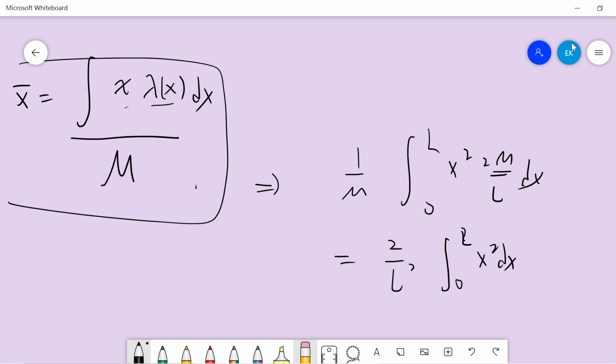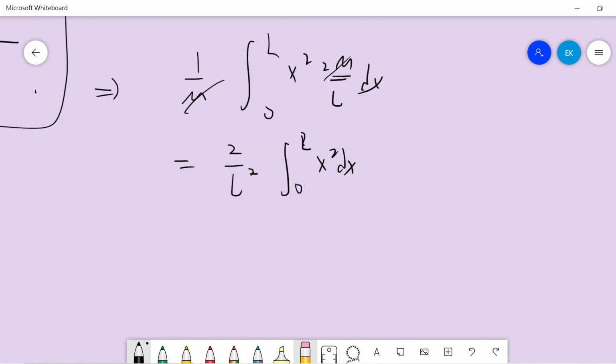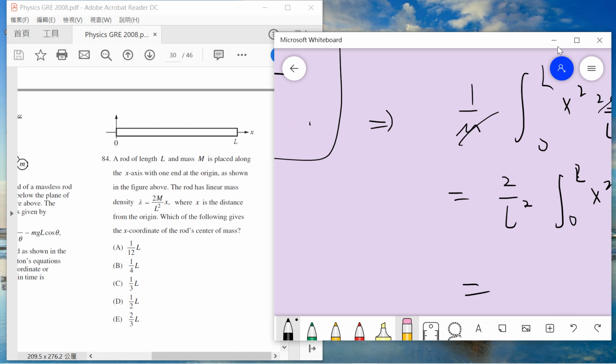Right. So we just cancel M, and one half over L. Right, so we cancel it, and let me see. Oh, there's an L squared.